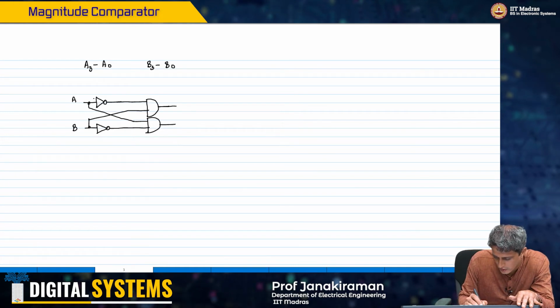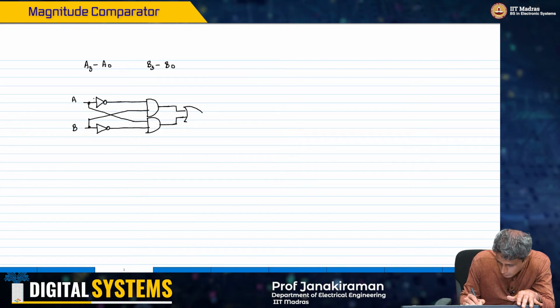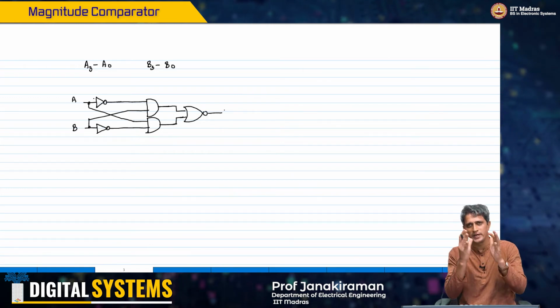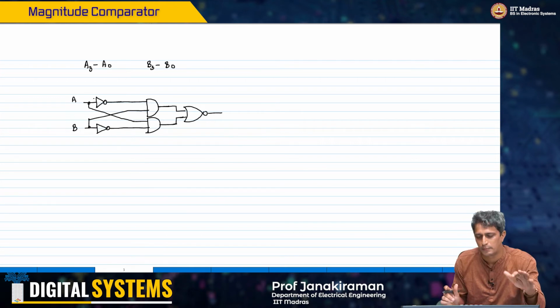So I have this going into an OR gate, coming out of an inverter. I could technically just represent this with a NOR gate. Internally I'm assuming it's an OR gate followed by an inverter.